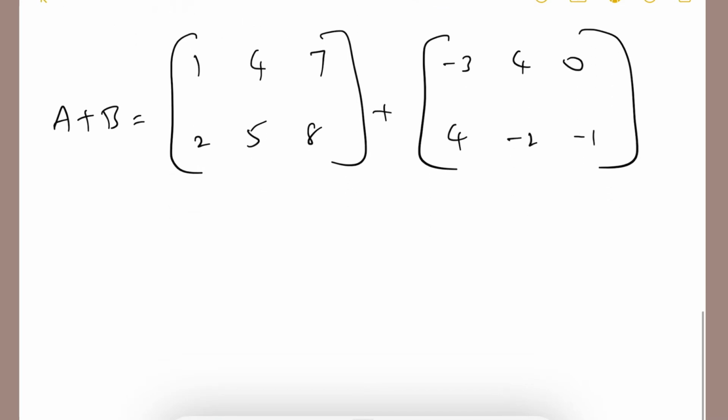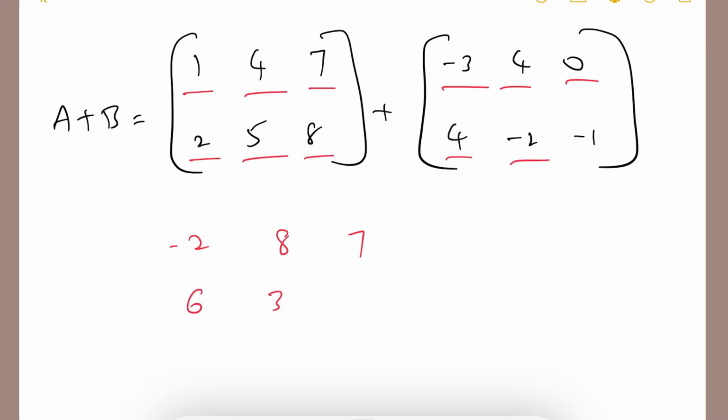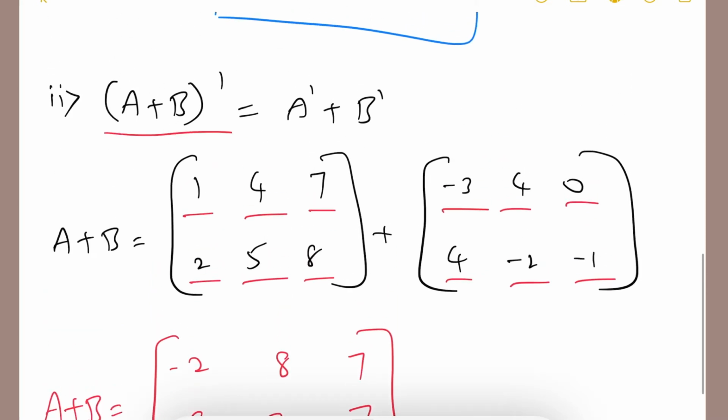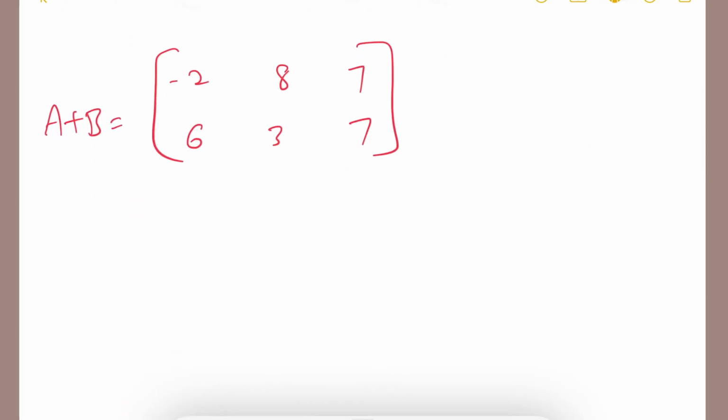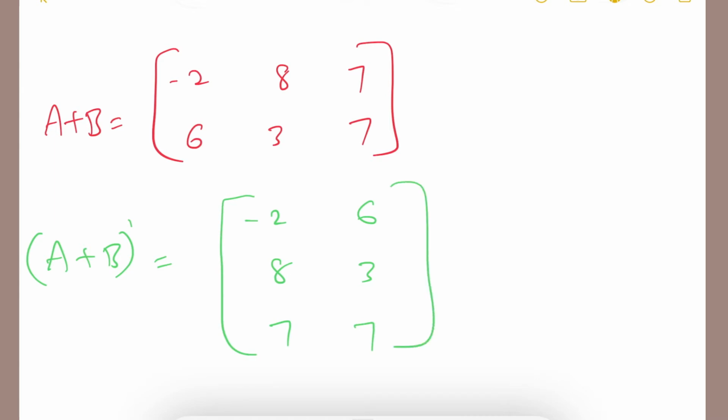Let us do the addition of all this. 1 minus 3 is -2, 4 plus 4 is 8, 7 plus 0 is 7, 2 plus 4 is 6, 5 minus 2 is 3, 8 minus 1 is 7. So this is the value of A plus B. And we want (A plus B) whole transpose, so for this A plus B value, let us do the transpose, which is nothing but interchanging the rows and columns. So [-2 6; 8 3; 7 7]. This is the (A plus B) whole transpose matrix.